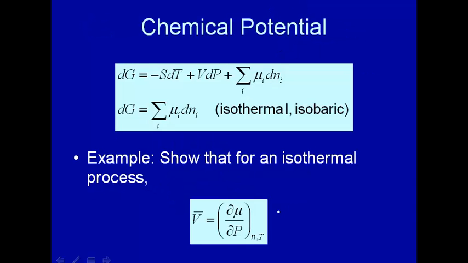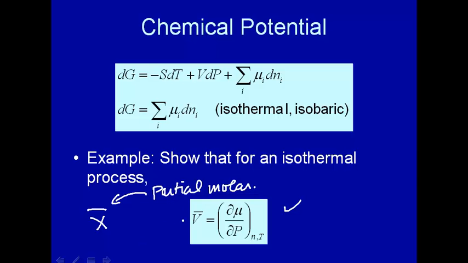Now, show that for an isothermal process, the partial molar volume, so if you have some quantity, say X, with a bar above it, that bar can be many things, but in this case, that bar means partial molar. So what you've done here is taken the derivative of X with respect to number of moles.